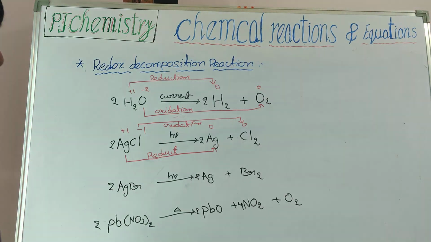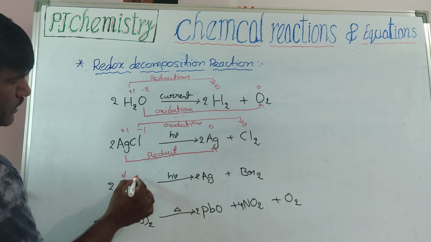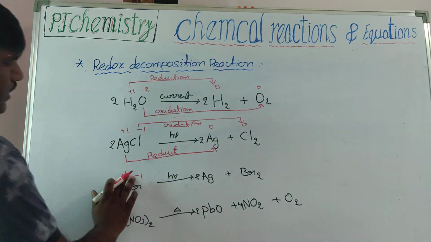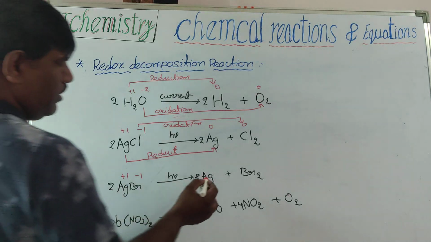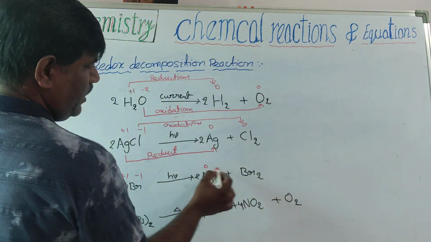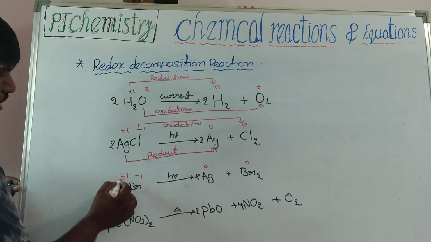Do it yourself. HBr, silver bromide. Yes, very good. Silver +1, bromide -1. Yes, elementary form silver 0, bromine 0.